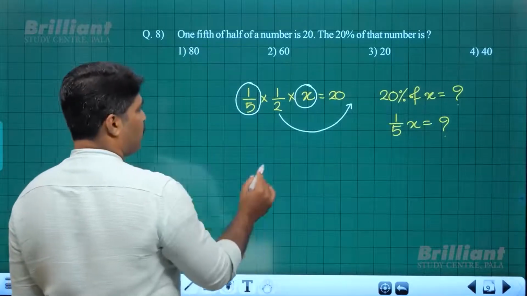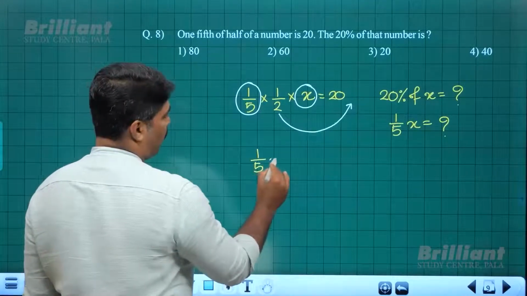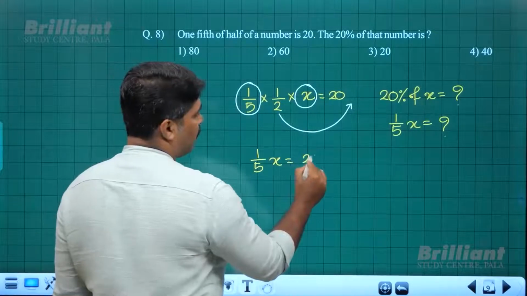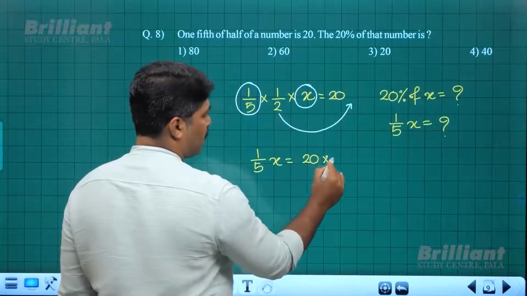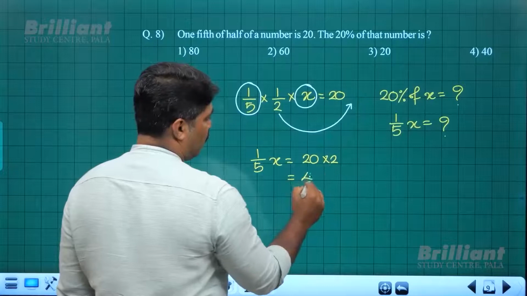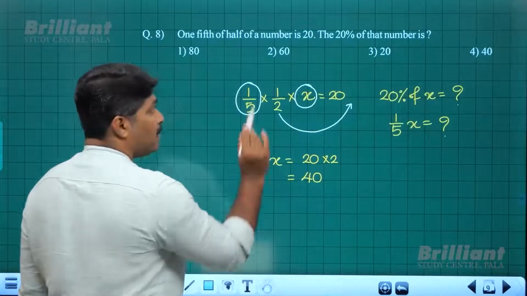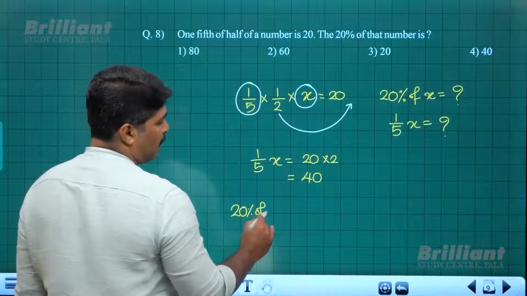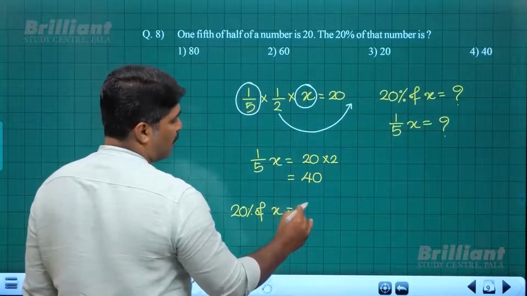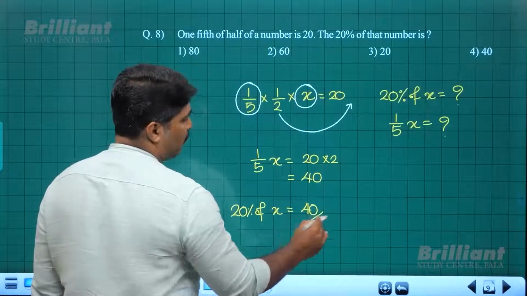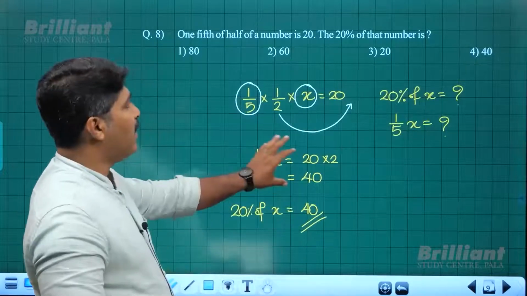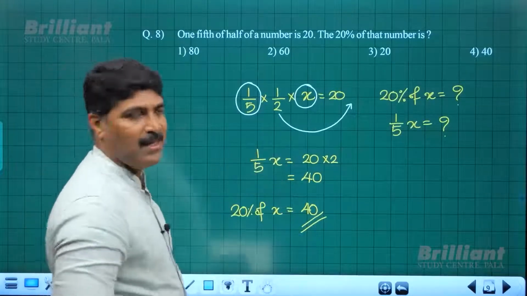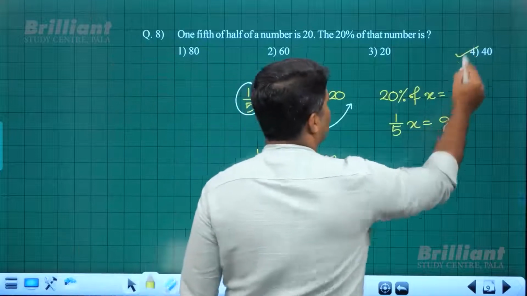This value will become 1 by 5 of x equal to 20 into this 2, which is equal to 40. So that means 20% of that number is equal to 40. So from this data, we can rearrange the values like this. Therefore, the answer is option 4.